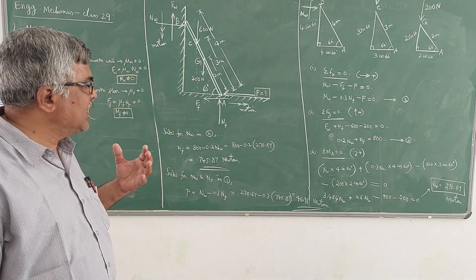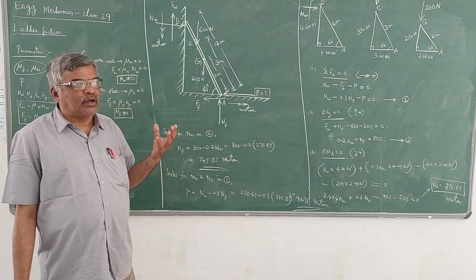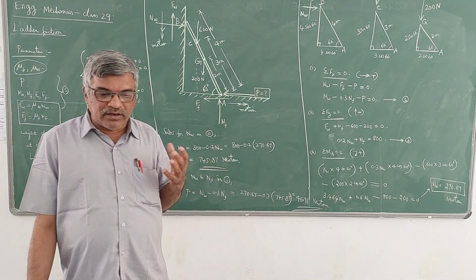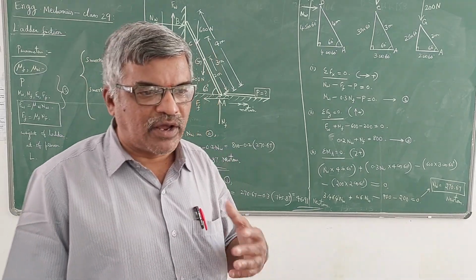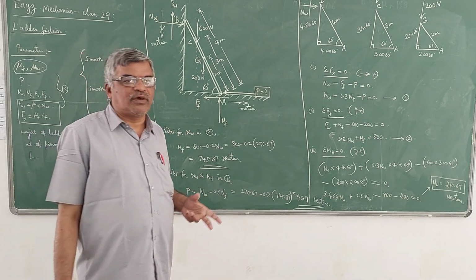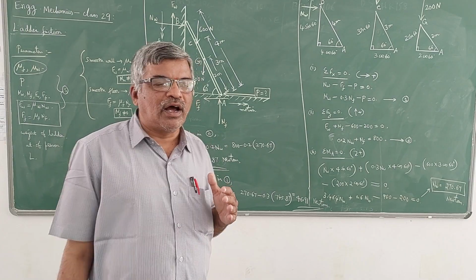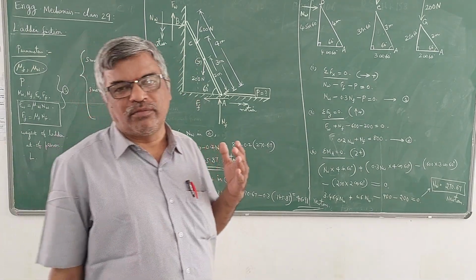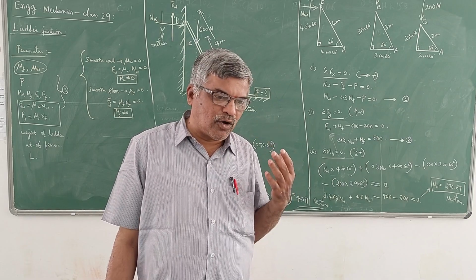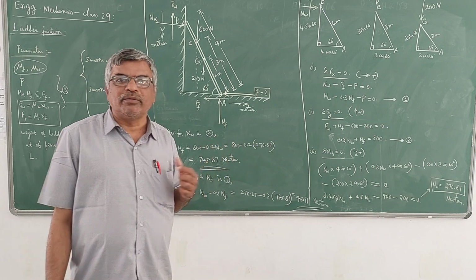So finally only 3 unknowns can be evaluated using the 3 equilibrium equations in the case of ladder friction, whereas in a block friction problem, as we have seen in earlier classes, we use only 2 equilibrium equations, sigma Fx = 0 and sigma Fy = 0, because in a block friction or connected bodies problem, it becomes a coplanar concurrent force system wherein the moment equation won't come into the picture.